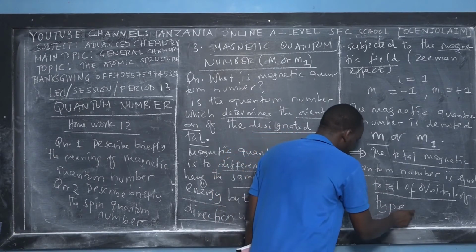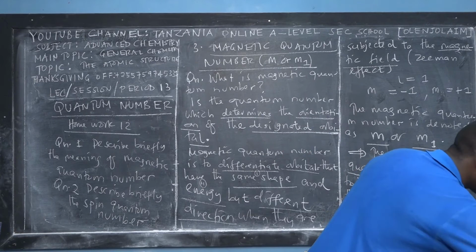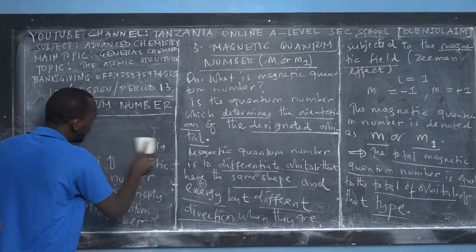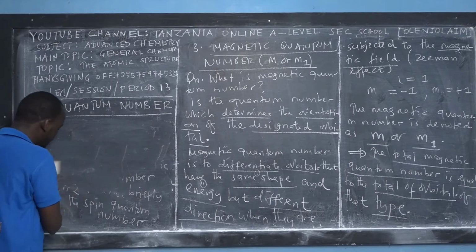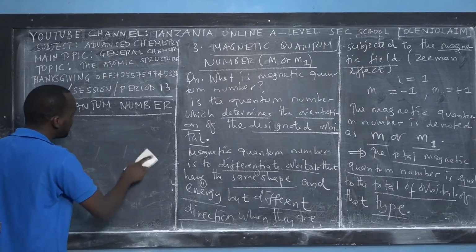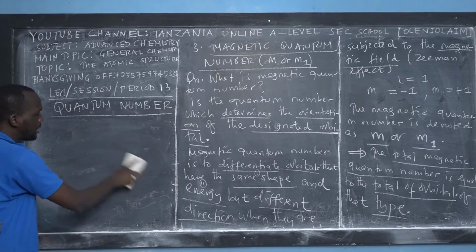So we'll use a simple example to explain what it means. Again, the notation for the principal quantum number in lecture 11 is n.